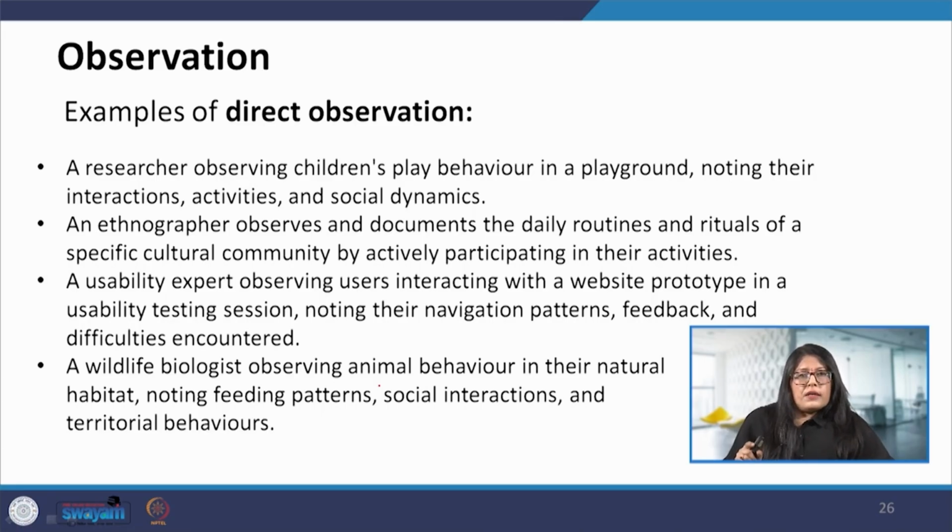Observation can take place in the field or in a controlled environment. In the field observation, individuals are observed as they move about their day to day tasks in the natural setting. In a controlled observation, individuals are observed performing a specified task within a controlled environment, like a usability lab, for example.